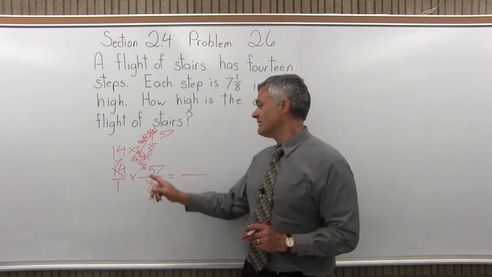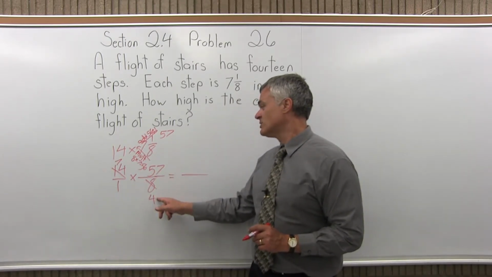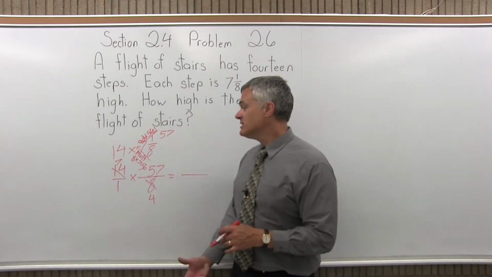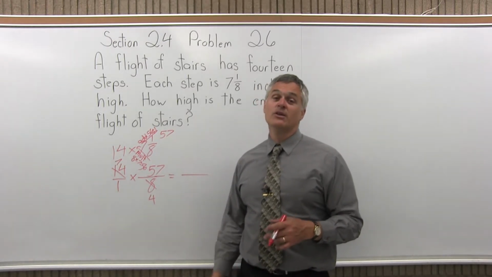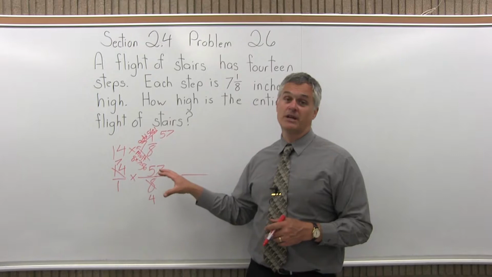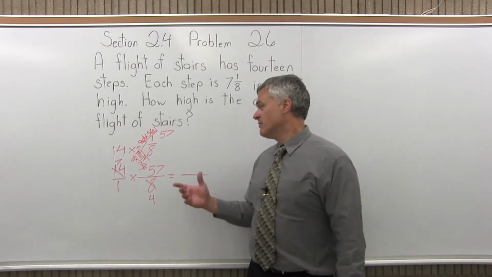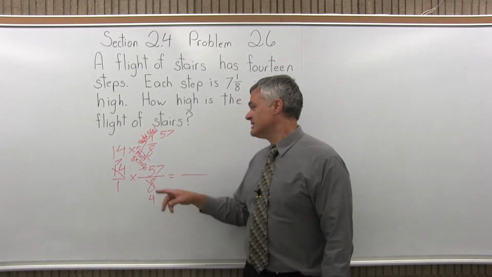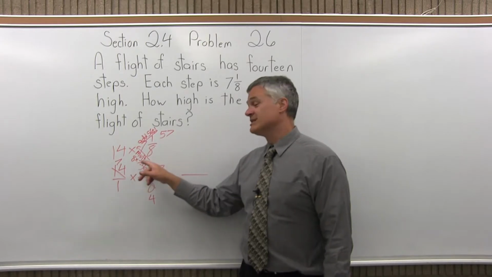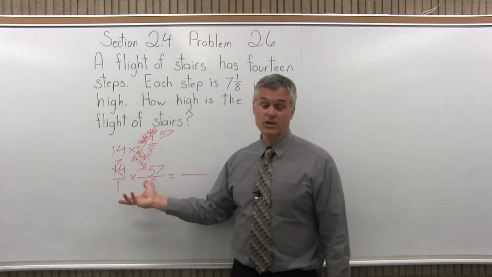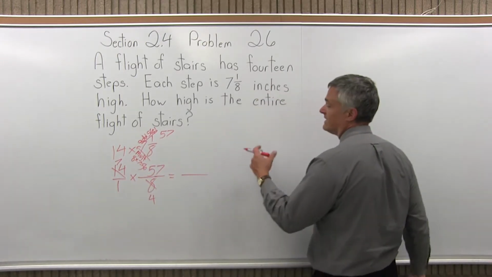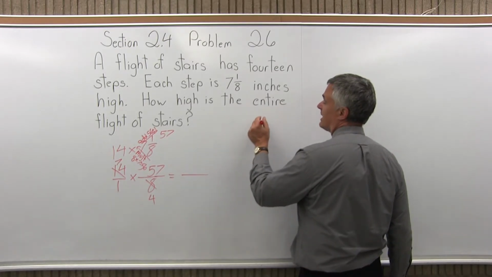And now the 7's done. See if the 57 will reduce with the 4 or the 1. It won't. So at least we've made it a little bit better. And you'll get the same answer if you just multiplied everything and then reduced afterwards. But I'm going to feel that it's easier to do 7 times 57 instead of 14 times 57. I could do either one, but so off to the side, even 7 times 57 is fairly big.